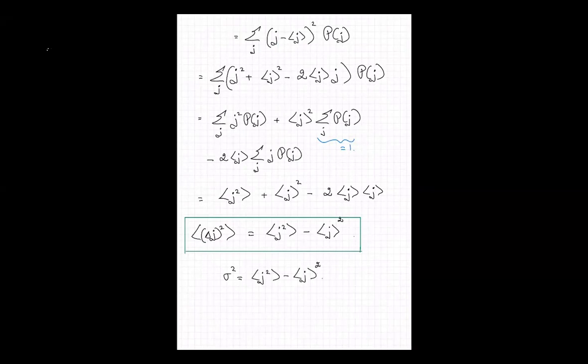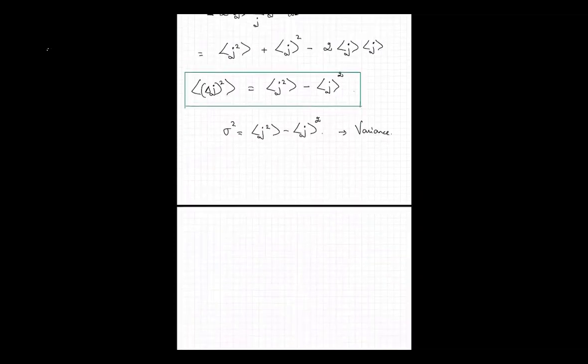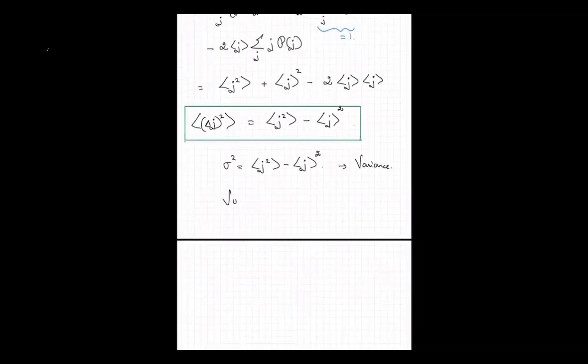This is called the variance. The square root of variance is called the standard deviation.